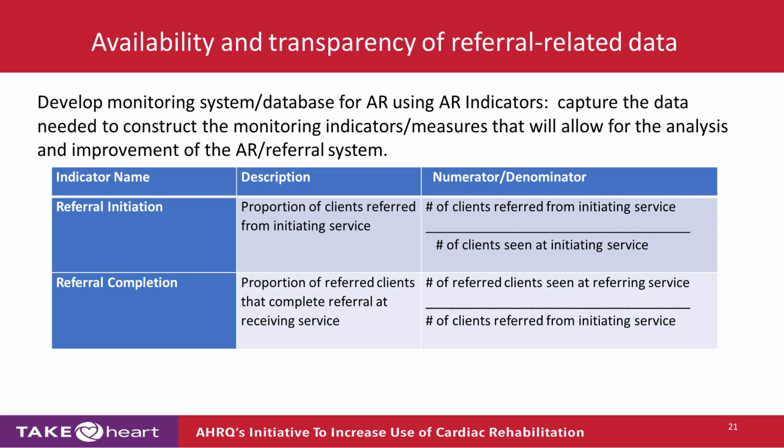This breakdown is a nice representation and a good indicator of one of the ways that you can organize your data: a referral initiation versus a referral completion. What you want to collect are clean numerators and denominators on that data. We really don't want those lines to be blurred.